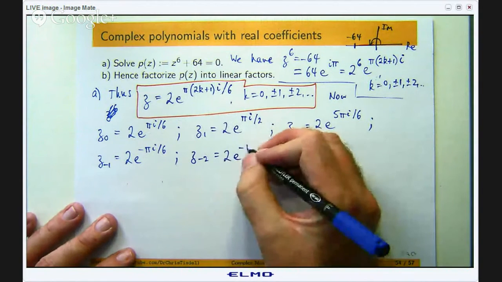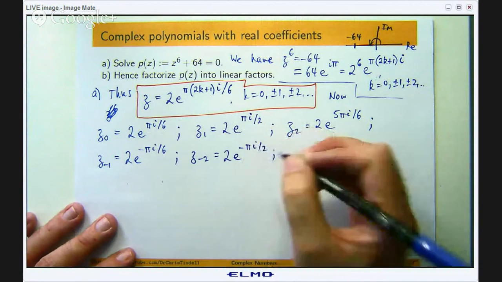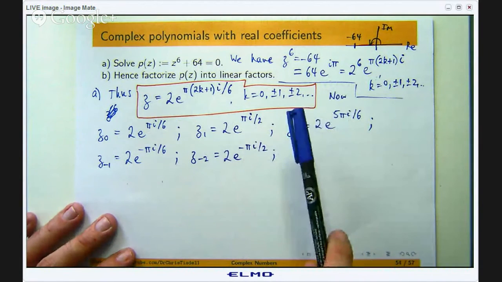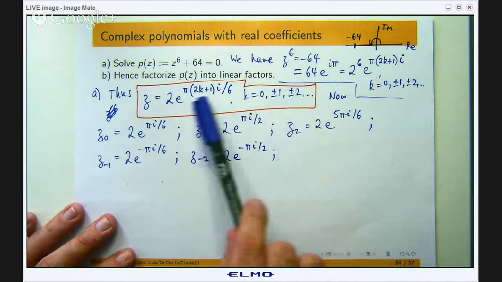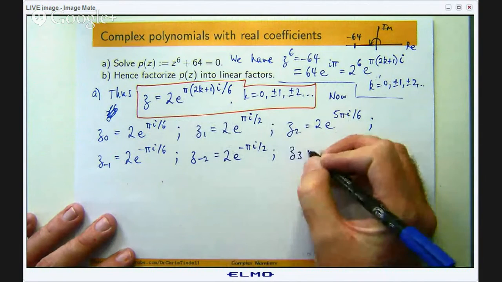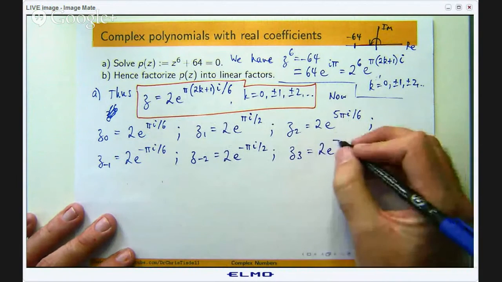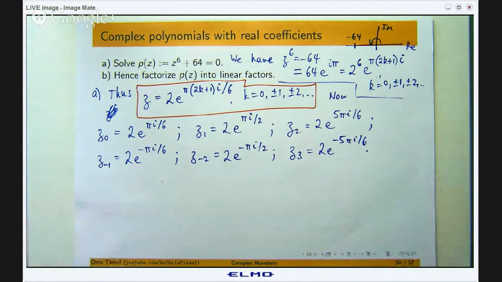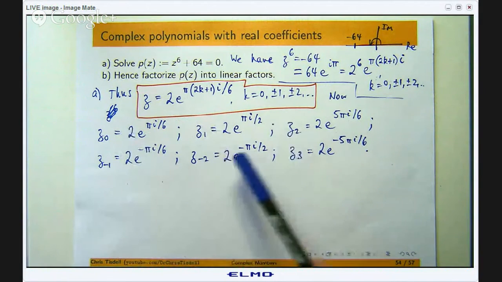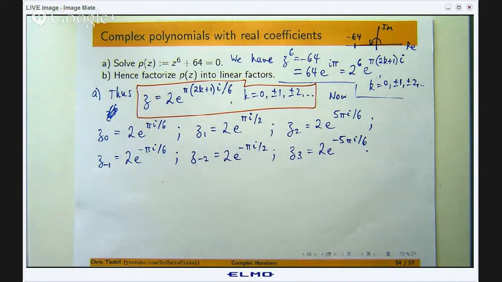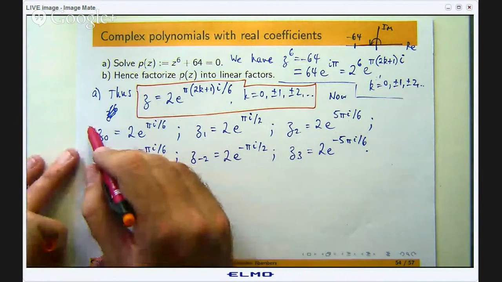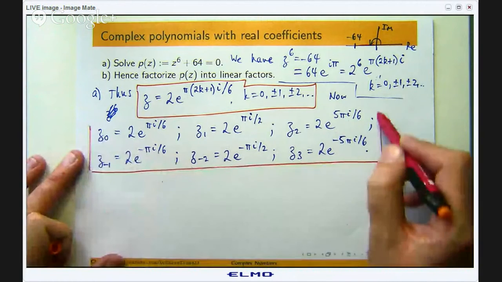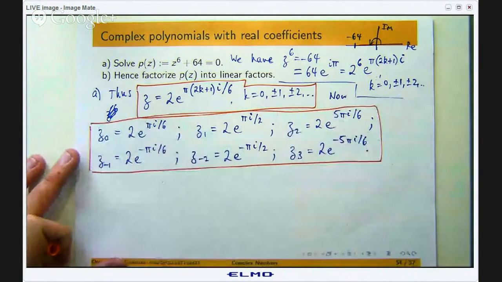So that'll simplify down to the following. And lastly, k equals negative 3. Okay, so now I have 6 solutions. I can stop. If I kept going with other values of k, I would keep getting back to one of these solutions. Okay, so here are the 6 solutions to my problem.